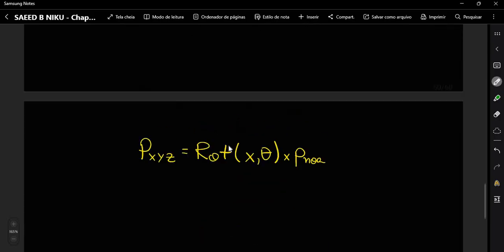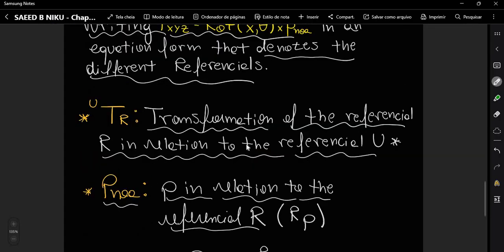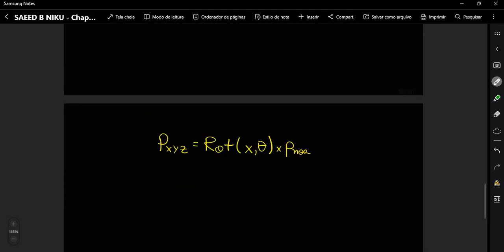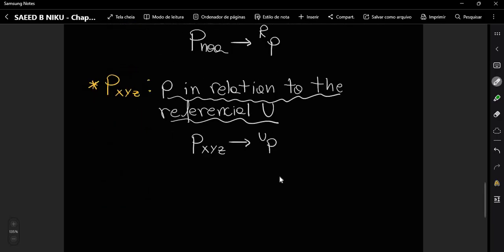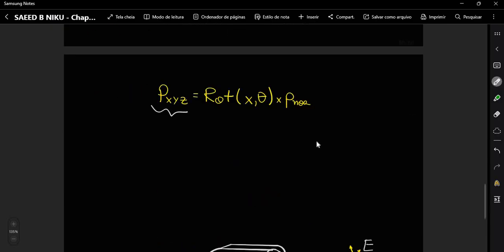So I have already written right here how we can read these notations. This notation, which means the coordinates of the point on the reference system FXYZ, we read as the point in relation to the referential U, and we write this notation in this form.